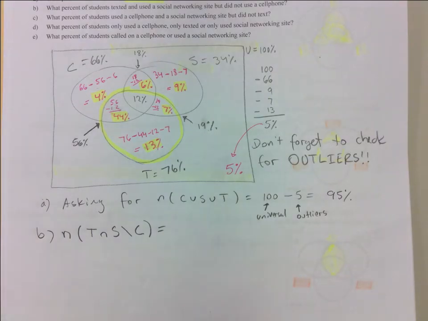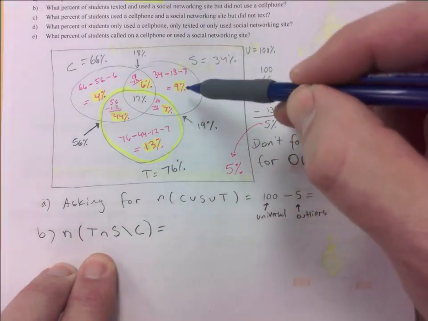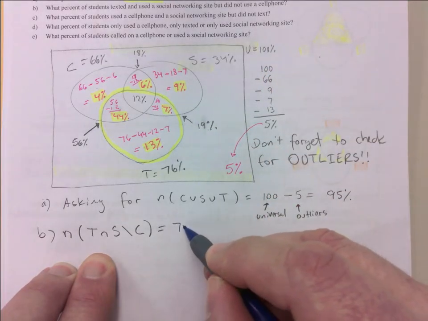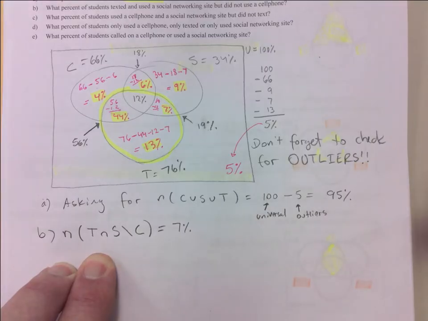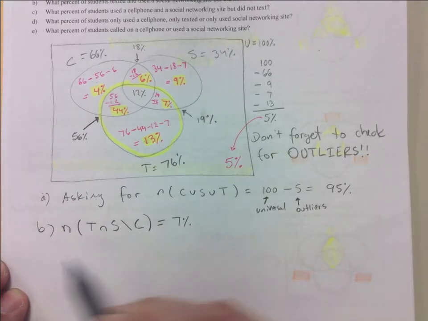So even if your Venn diagram is wrong, if you get the right number and put the number down here, you still get the marks for this part. You would lose marks for the Venn diagram. So T and S, but not C, that would be 7. I tried to make it so that no number is double in the Venn diagram. Sometimes that's difficult, but 7% is your answer there.